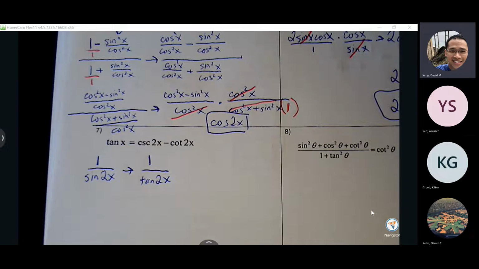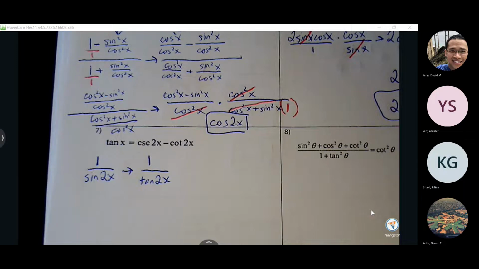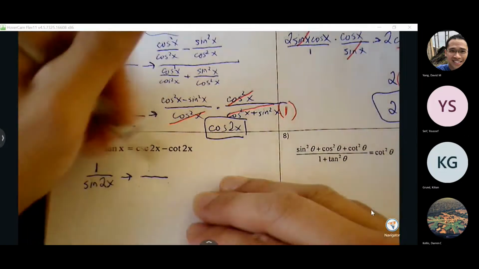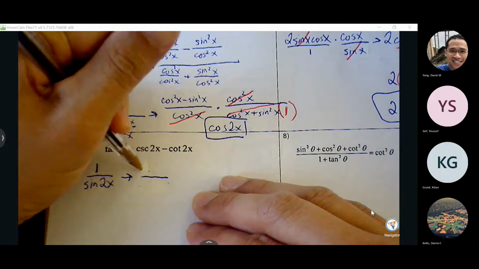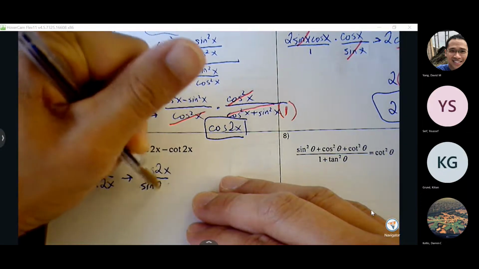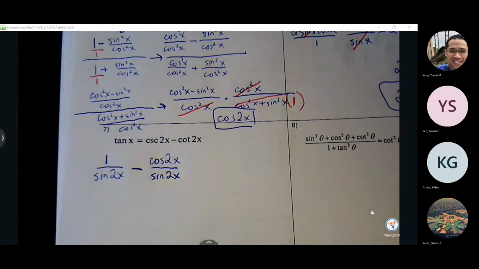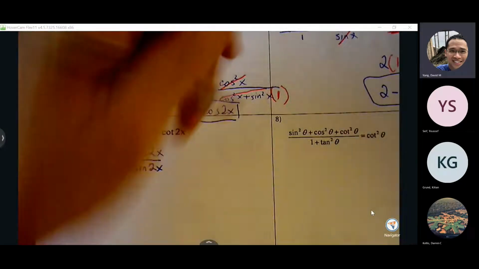Yeah, so let's do cosine over sine. Common denominator is already showing, so I can just put it all together.